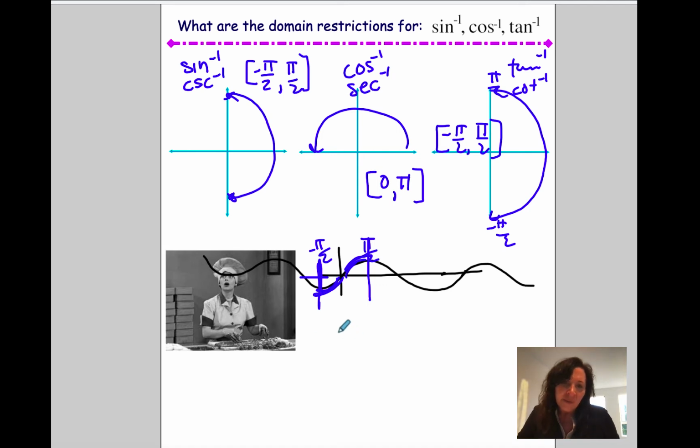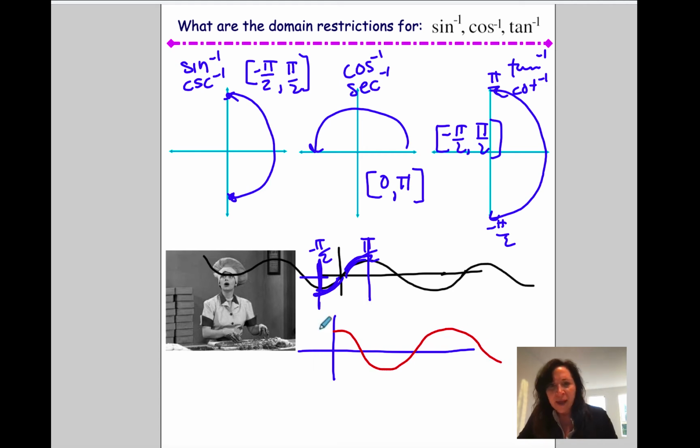Similarly, with cosine, cosine starts high, goes down, ends high, okay? And you would think that you would want to use the same restricted values, negative pi over 2 to pi over 2, but you can't do that, because if you did, then cosine would just be all positive values. You wouldn't be taking into account any negative values.